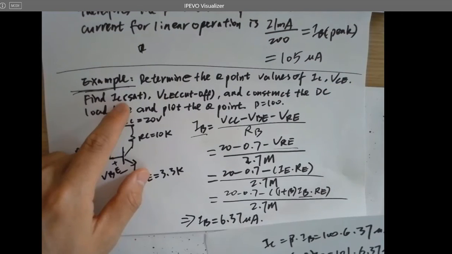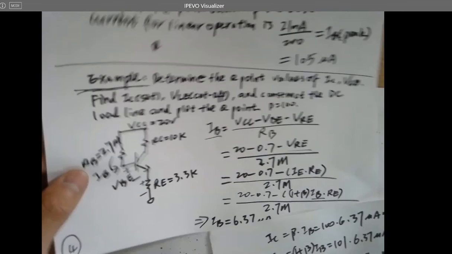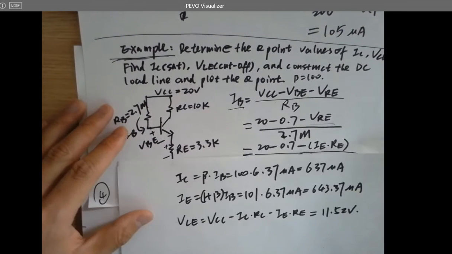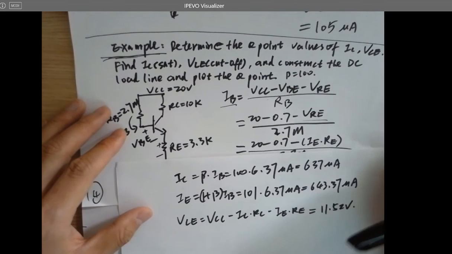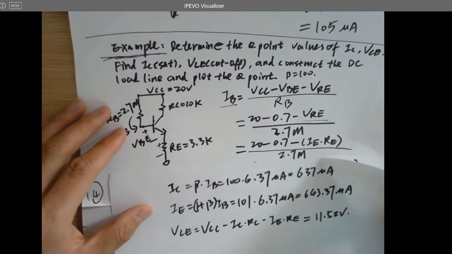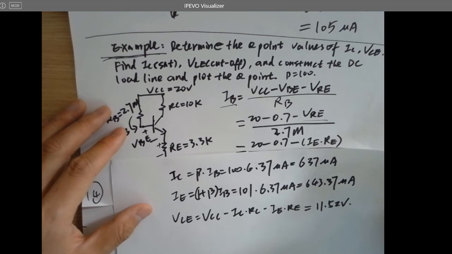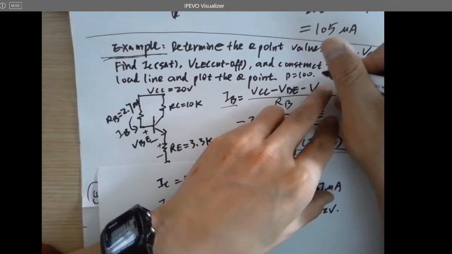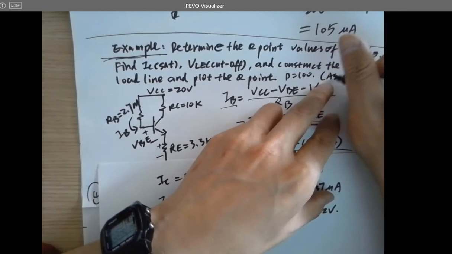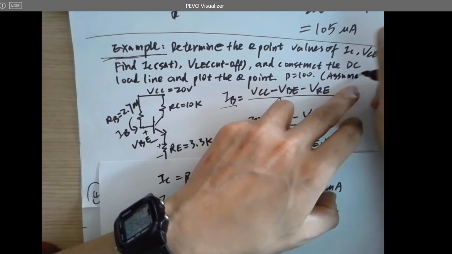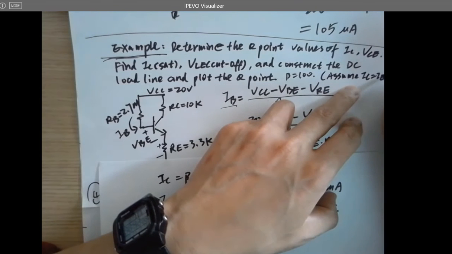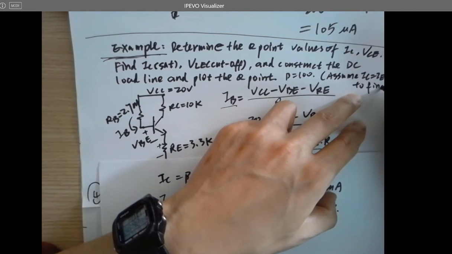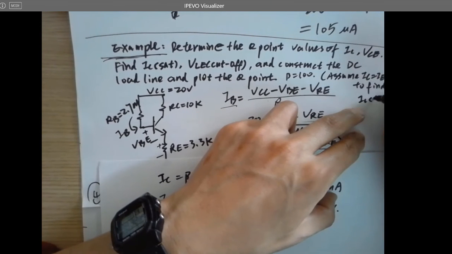And now find out IC set and VCE cutoff. What is IC set? So just one comment here. Assume IC equals IE to find IC set.